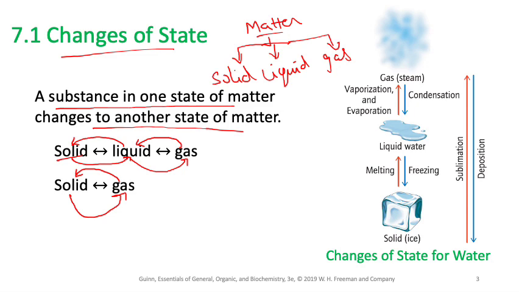So let's take an example that is given on the right side in the picture. Let's start with the solid, that is ice. So what happens? Solid ice can be converted into a liquid, right? And this process of converting ice, which is a solid phase of water, into liquid water, we call a process called melting.